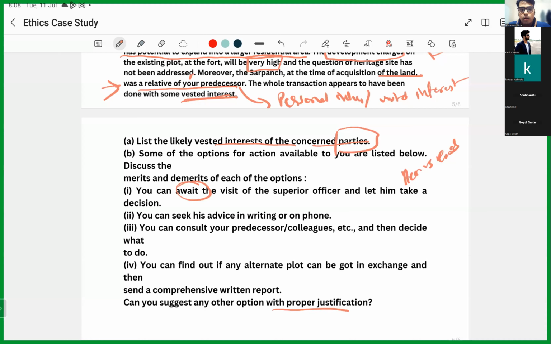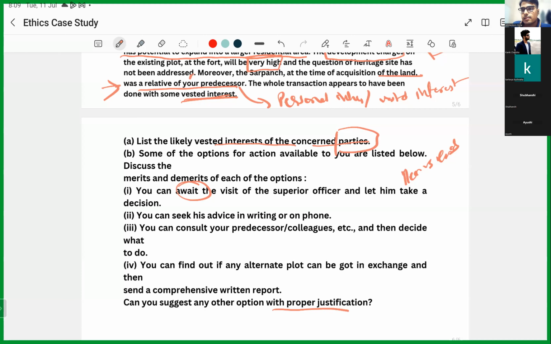Okay. So again, look only from the merit perspective. Superior will take the decision. He has all the abilities, all the power and authority. So certainly, merit. You cannot judge your previous predecessors.